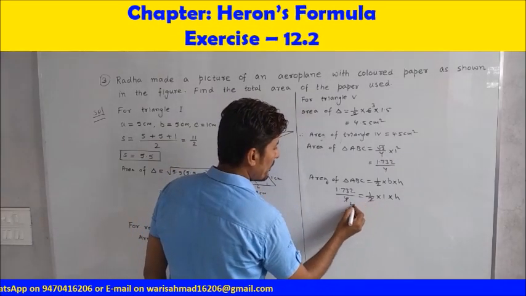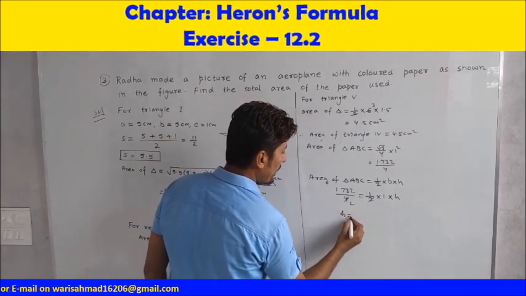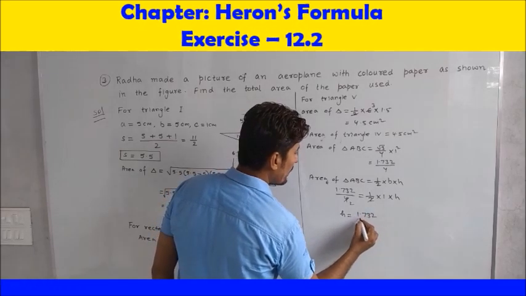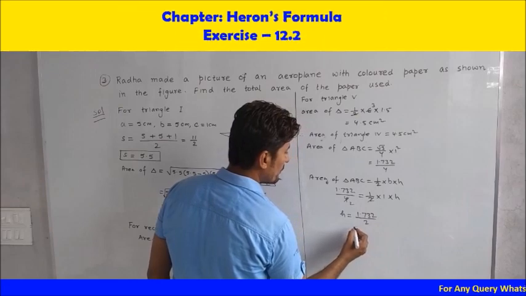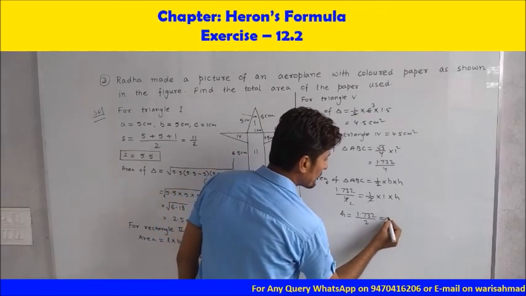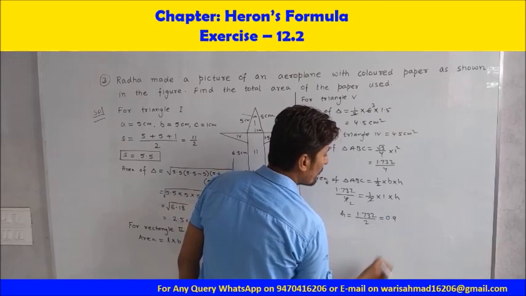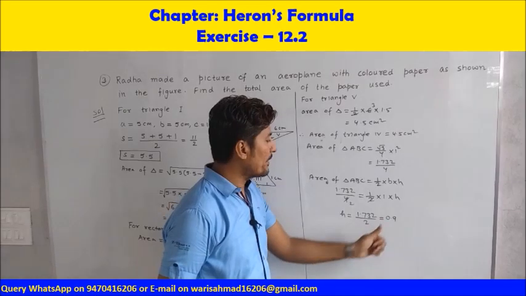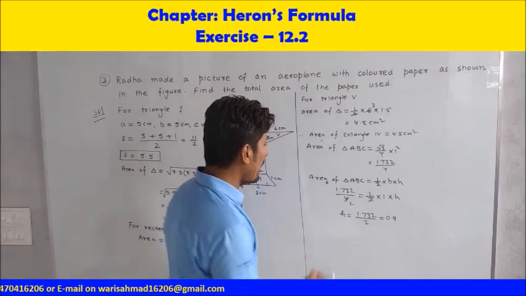So here we can write 2, and the value of h we can write 1.732 divided by 2. That will be equal to 0.9 approximately. We have to round off the number, whatever we get, and after that we write 0.9.